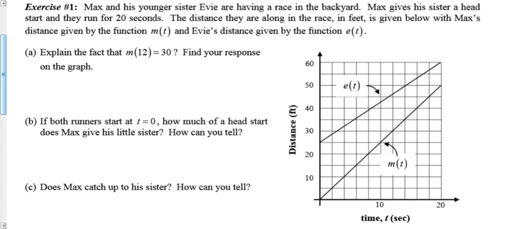Our first question is, we're going to explain the fact that m of 12 equals 30, and we're also going to find our response in the graph. So m of 12, what that means is the number 12 is going to be your x coordinate. So we're talking about seconds, and we can go ahead and write that in: after 12 seconds, Max is 30 feet from the starting line, okay, so 30 is your y coordinate.